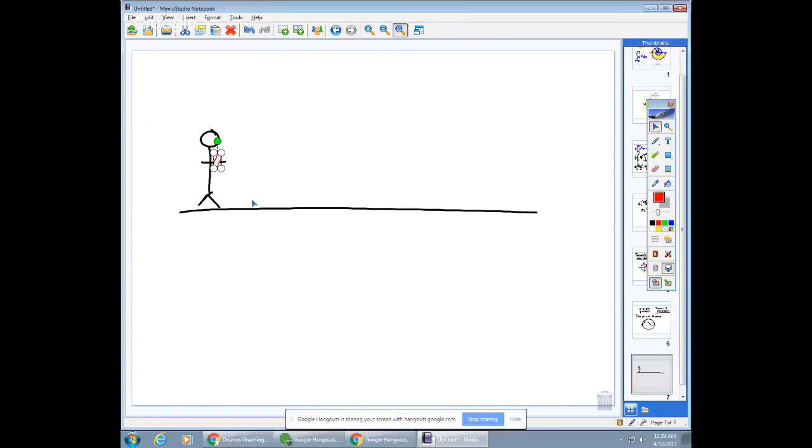Okay. Well, some things we need to know to do this problem are, one, that gravity is a force that affects acceleration. And have you guys all had physics a little bit? Okay.